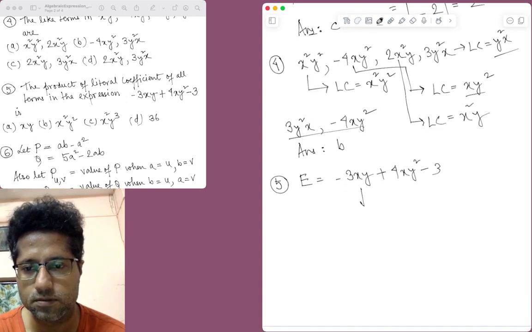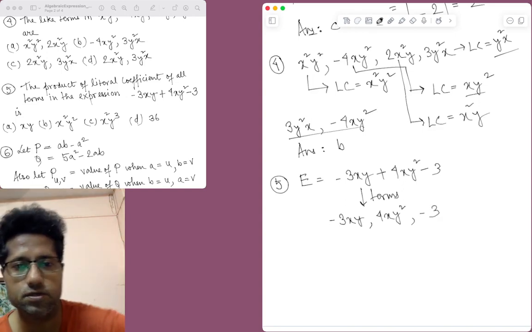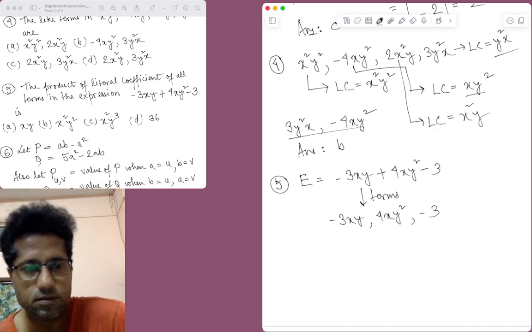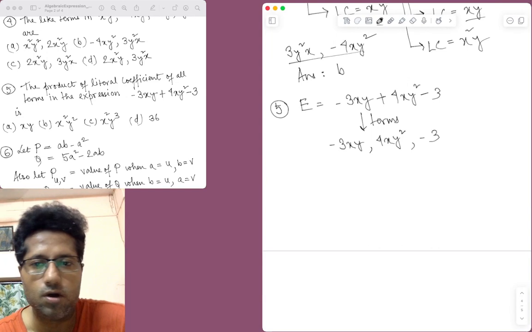So the terms are minus 3xy, 4xy square and minus 3, and it is asking for the product of literal coefficient of all terms.